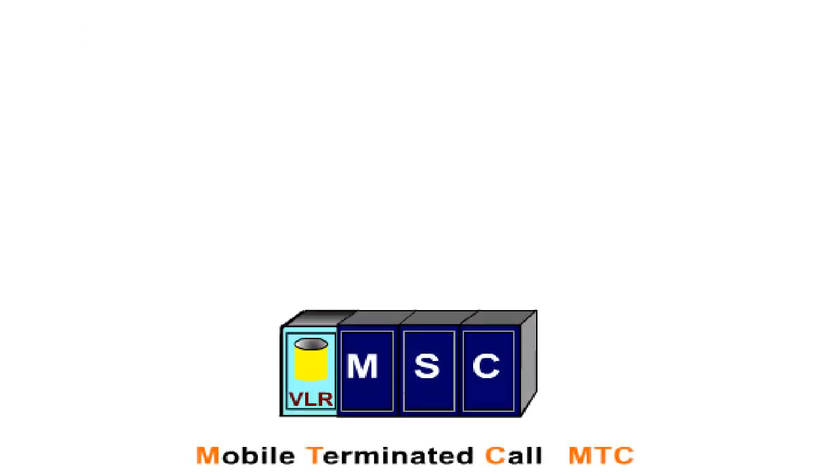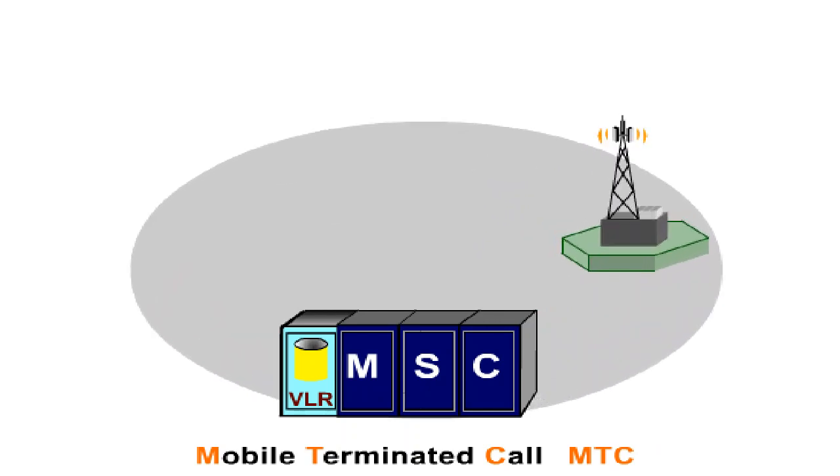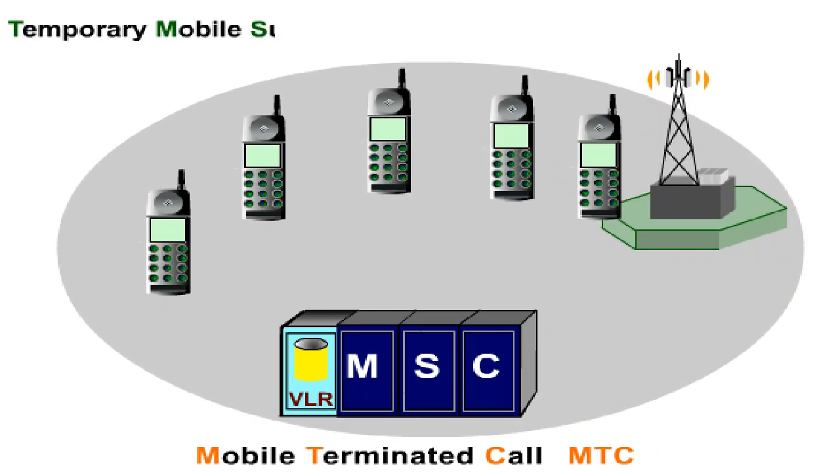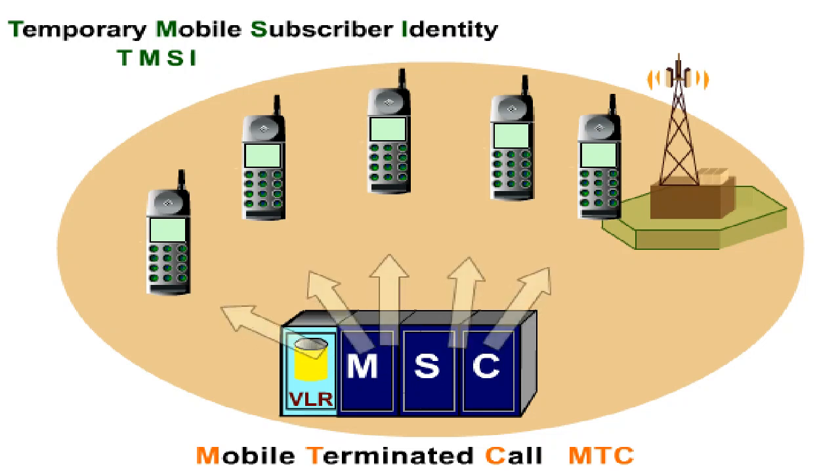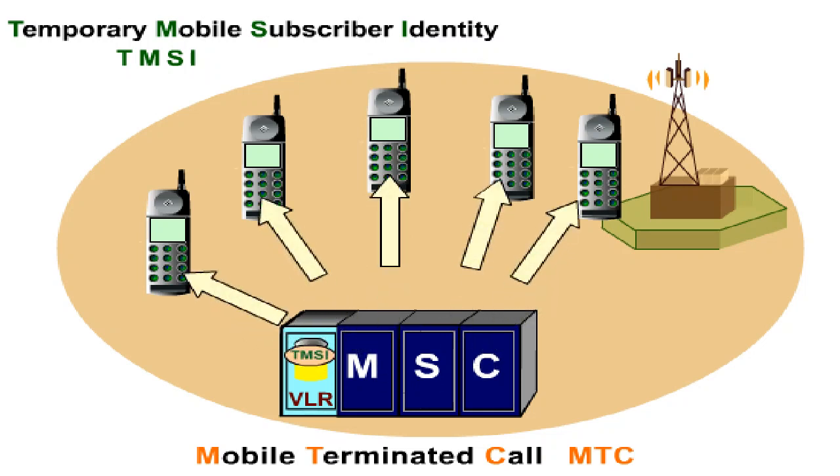The MSC initiates the paging in the entire location area using the Temporary Mobile Subscriber Identity, TMSI. This is made available by the VLR and is also known to the called mobile station. It's been allocated to a subscriber after the first location update of his mobile station and is used instead of the IMSI for data security reasons.